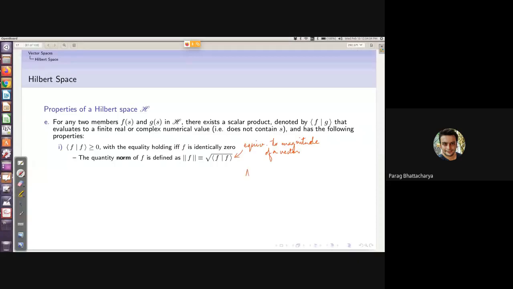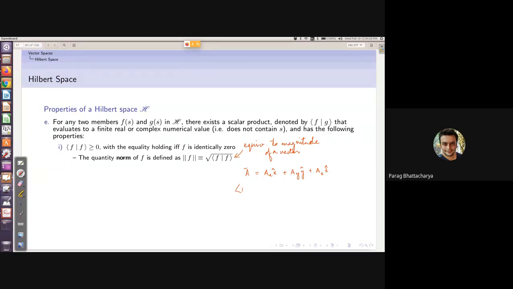If you remember, let's say I have a vector A equal to ax x cap plus ay y cap plus az z cap.